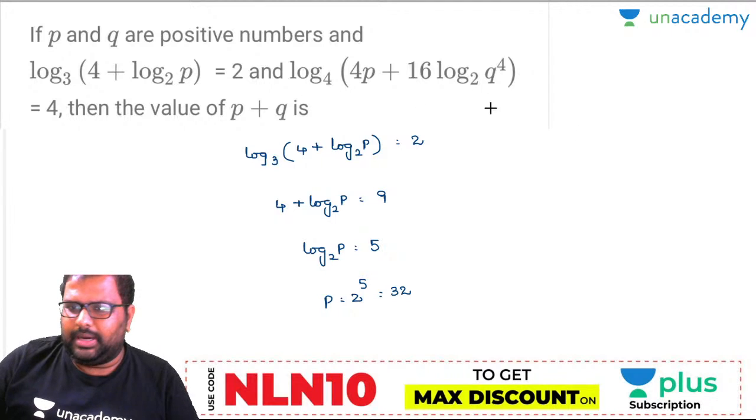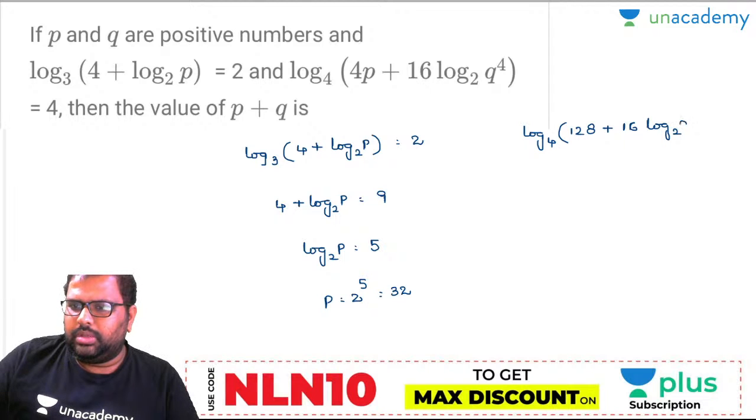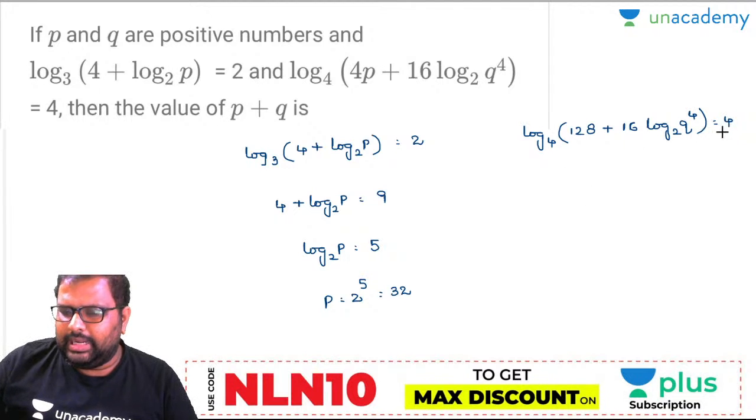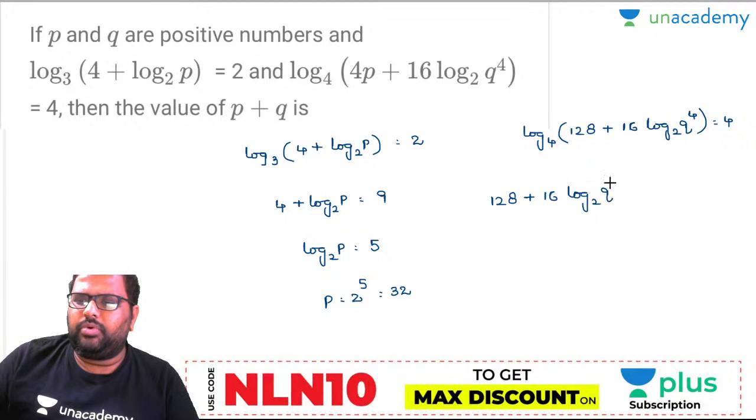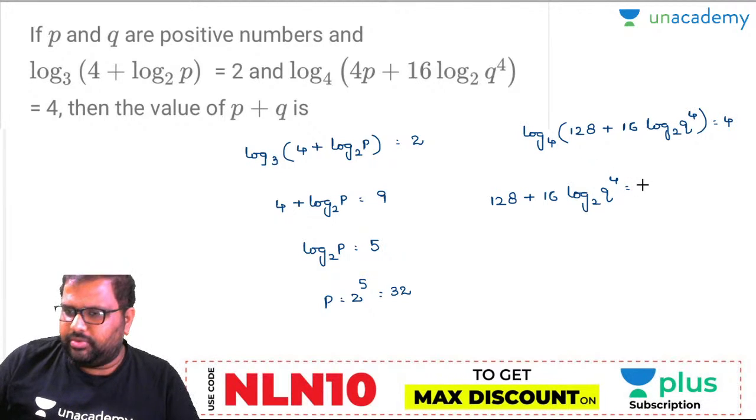Now let's come to this part. Log base 4. Some parts I am substituting. Already you know p as 32. So 4 into 32, 4 2s are 8, 4 3s are 12, I'll write this as 128 plus 16 log base 2 q to the power of 4 is equal to 4. So I can again convert them into exponents. 128 plus 16 log base 2 q to the power of 4 is equal to 4 to the power of 4. Is it 256?